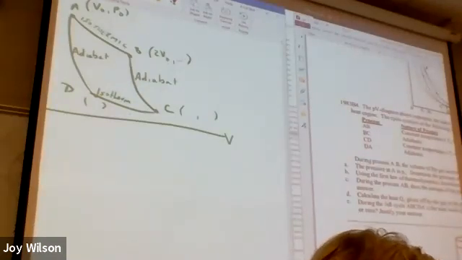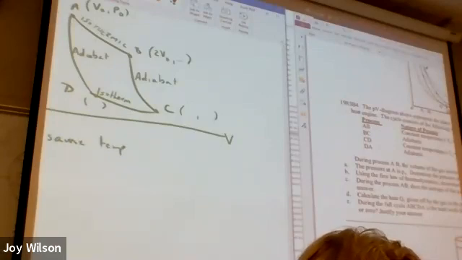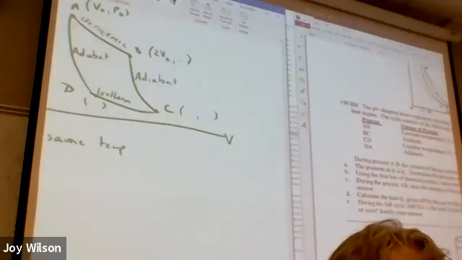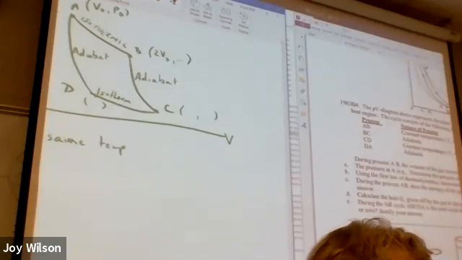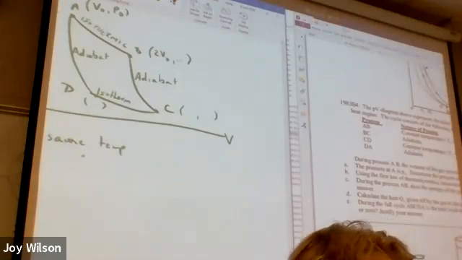Okay, so A to B, we stay at the same temp. The rule we're going to want to use here, and your first choice should almost always be, is P1 V1 over T1 equals P2 V2 over T2.